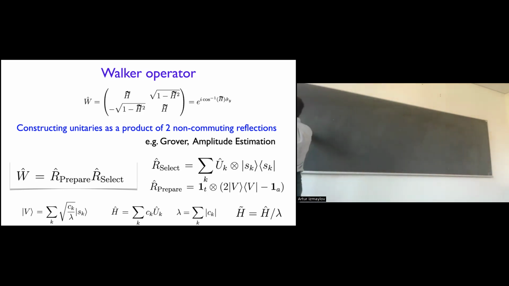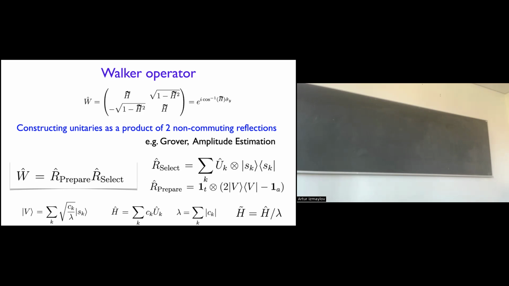Let's imagine you have a Hamiltonian, you decompose it into unitaries. So then lambda will be the one norm. That's for normalization purposes, to create the normalized version of the Hamiltonian.